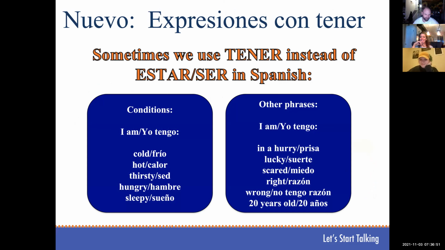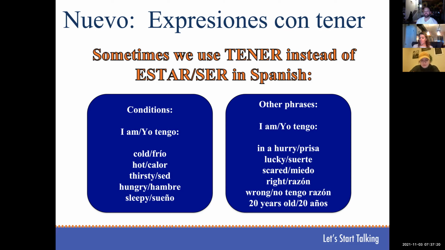Está bien. Okay, entonces. So this is a pretty important thing here, right? Here's another disconnect between the Spanish and English language. When we talk about conditions, we almost always use the verb be in English. So we would say something like, I am cold or I am hot.